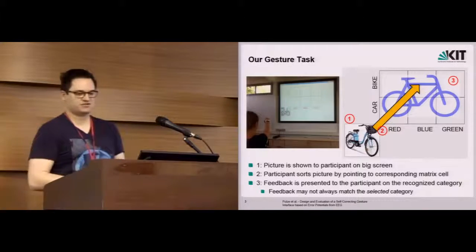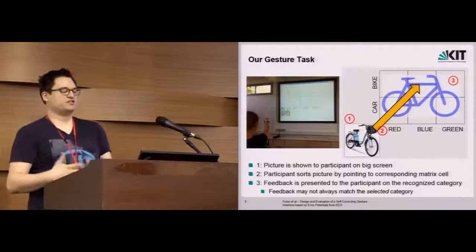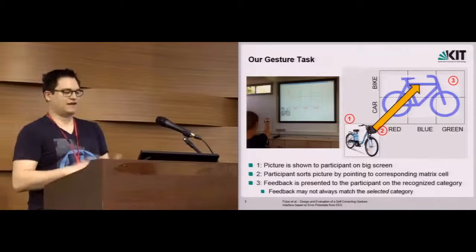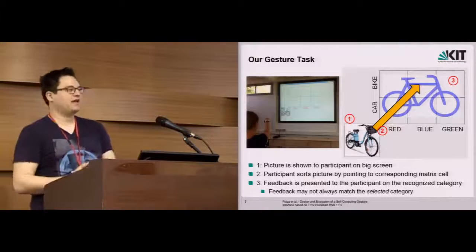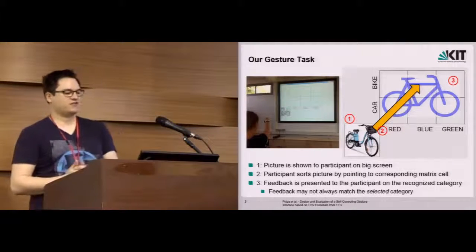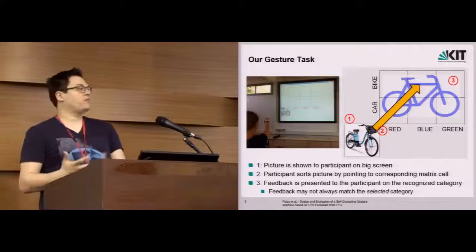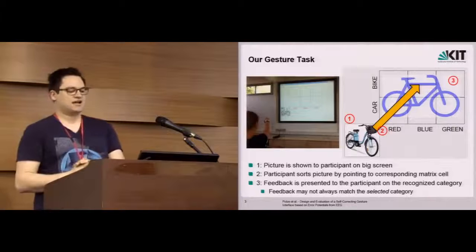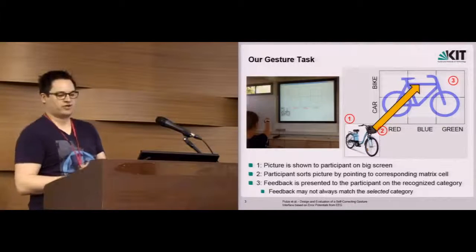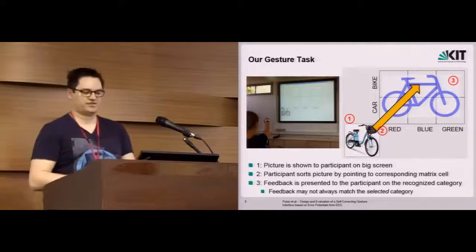This pointing gesture was interpreted by a GestureRecognizer, and then feedback on the recognized category was presented on the screen. As this GestureRecognizer sometimes made errors, the feedback did not always match the selected category. Think of this task as a model for remote operation of a large screen, for example.